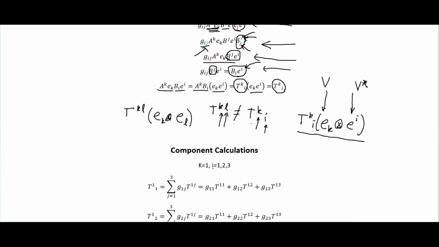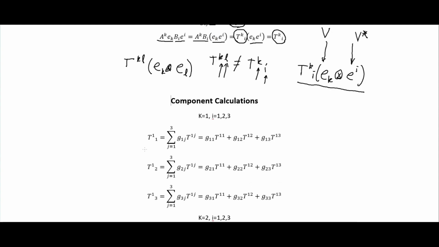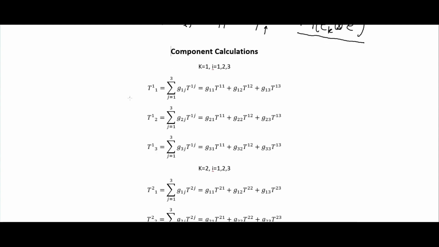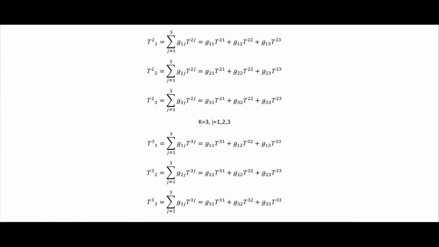So this T^k_i in 3 dimensions, we'd want to run through each of the K and I through the numbers. So right here, these 3 is with K equal to 1, but then we're going I equal 1, then I equal 2, then I equal 3. Down here, we do the same thing with the I's with K equal 2, then K equal 3.